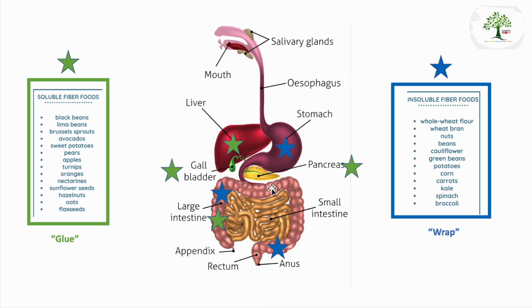They really help to reduce any type of damage to your colon while your waste product is waiting to be excreted. And even in the excretion process, because there's a quote-unquote wrap around these waste products, you're able to pass them without having to strain too much. And that straining is really what causes things like hemorrhoids.